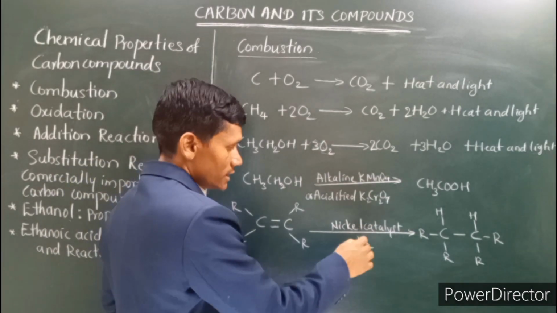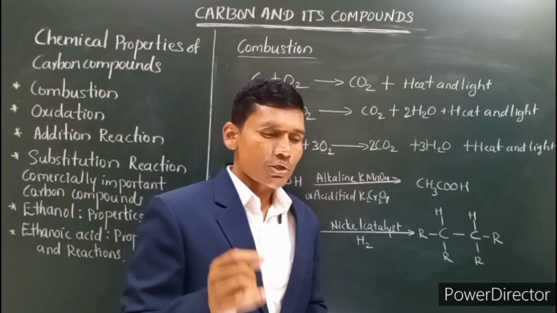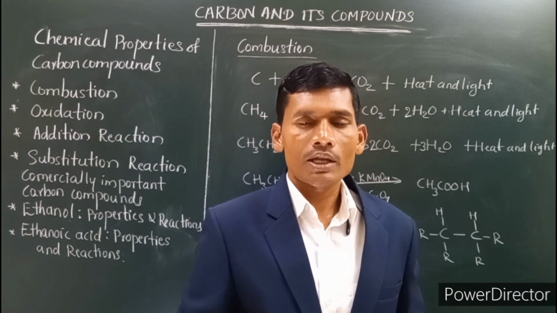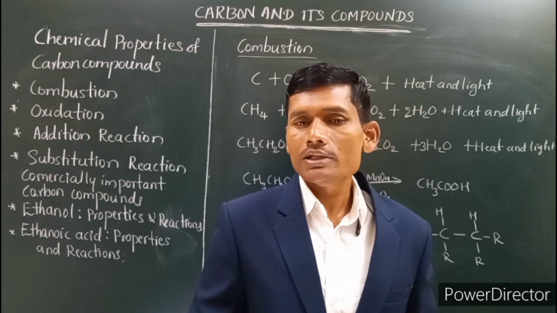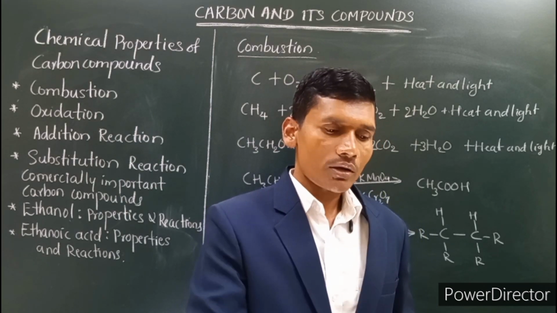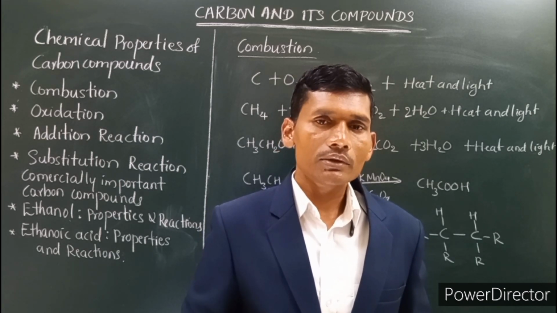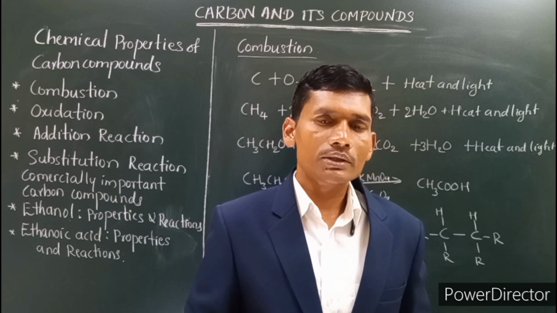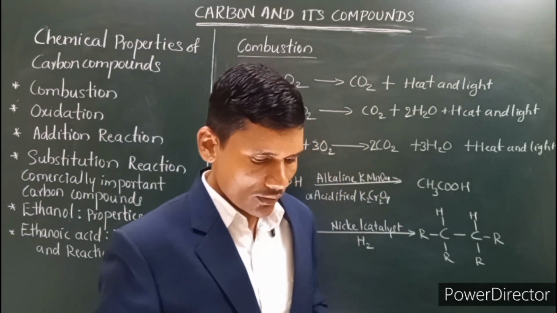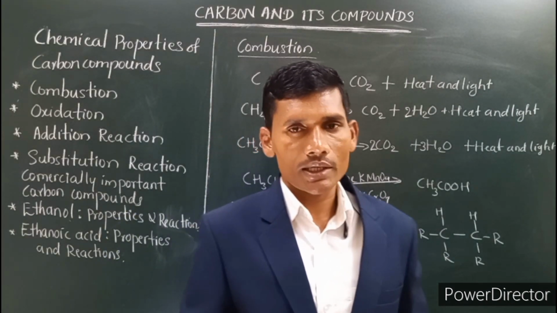Now this addition reaction can be seen in the hydrogenation of oils, that is vegetable oils. Vegetable oils are unsaturated hydrocarbons. When they are subjected to hydrogenation in the presence of a nickel catalyst, hydrogenation of vegetable oils takes place.